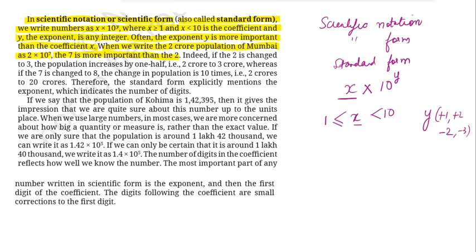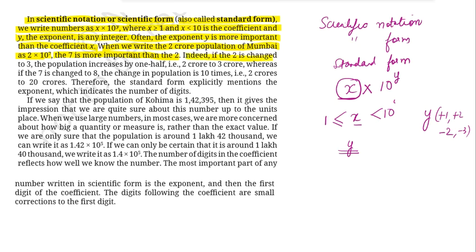Right? So x should be between 1 and 10, greater than or equal to 1, less than 10, and y can be any integer. Now they are saying that this exponent, this y value, is more important as compared to this coefficient x. Why? So let's have a look at what they are saying. When we write the 2 crore population of Mumbai as 2 into 10 to the power of 7, the 7 is more important than 2.